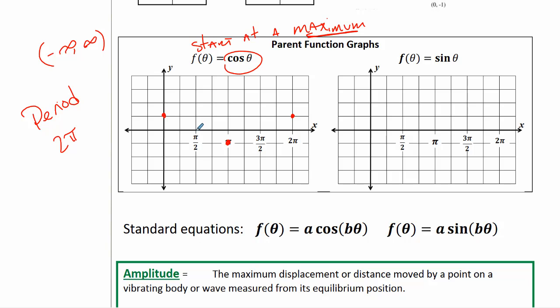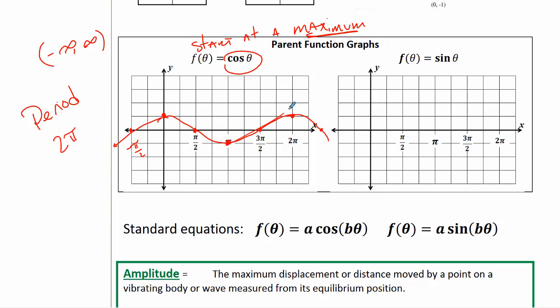Remember, the cosine of pi over 2 was 0, and the cosine of 3 pi over 2 was 0. So then you can see that your graph is going to be awesome like this. If I went to negative pi over 2 here, I would get 0, so this would come back down, and over here that would come back down as well. So you can see that's a generic wave. Do not draw just a line.